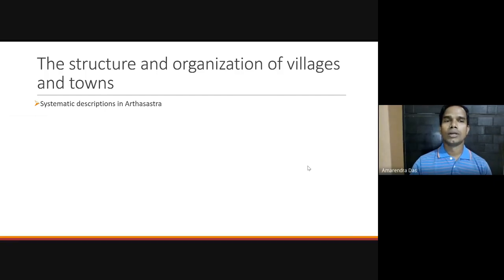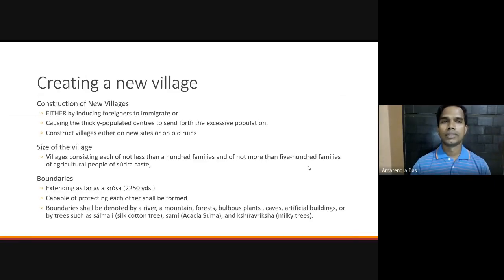Now coming to the village concept, what is the status of the village in the Arthashastra? Kautilya writes how the king can create a new village. A new village can be created by inducing foreigners to immigrate, that means foreigners should come into the kingdom.